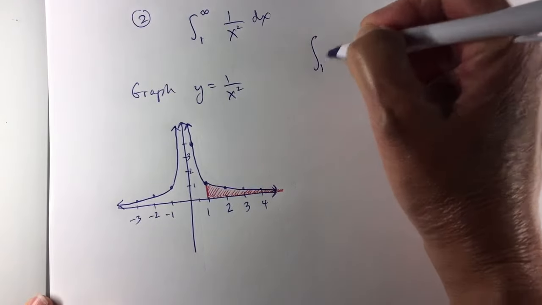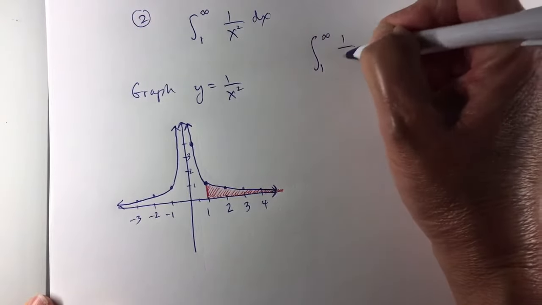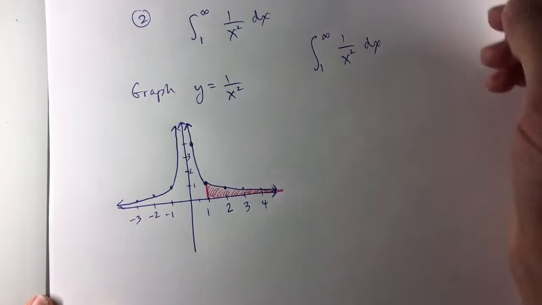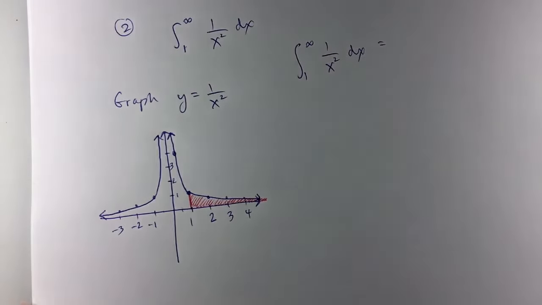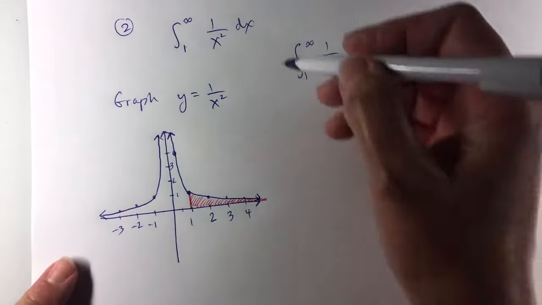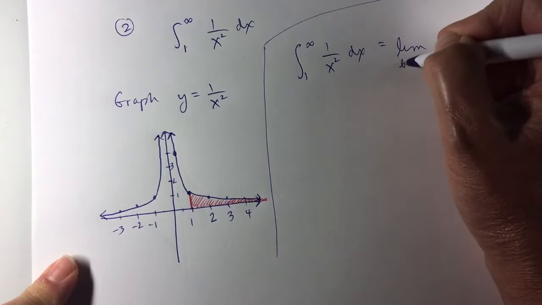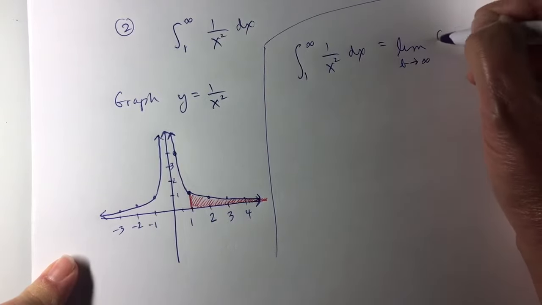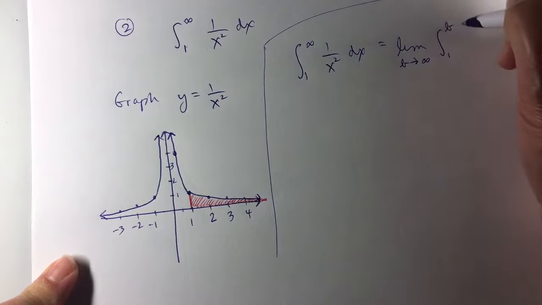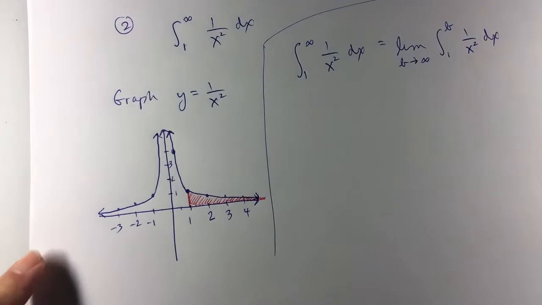I'll write this integral as the integral from 1 to infinity of 1 over x squared dx. So I need to write it as a limit. So I'm going to write the limit as b approaches infinity of the integral from 1 to b of 1 over x squared dx.